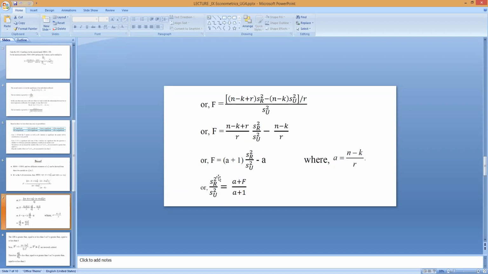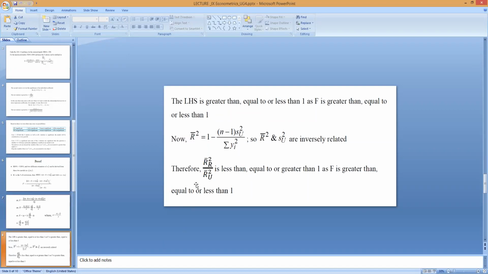So we are keeping the inverse relationship between A square and R bar square in our mind, and we will like to come to the final conclusion. So the final conclusion can be written in this way: RR bar square by RU bar square in place of SR square by SU square is, instead of greater than, less than, and instead of less than, greater than 1 if F is greater than, equal to, or less than 1.